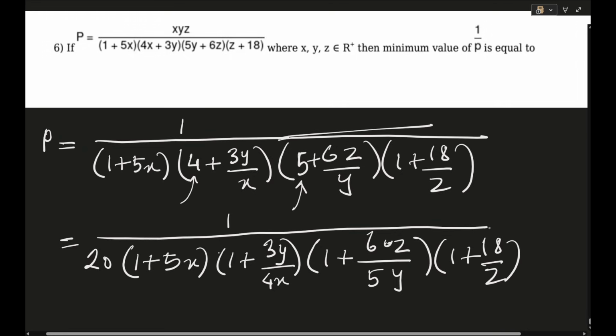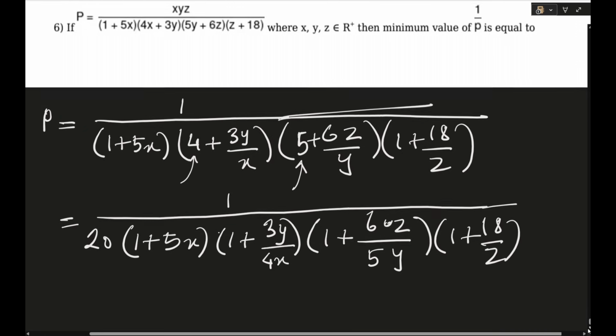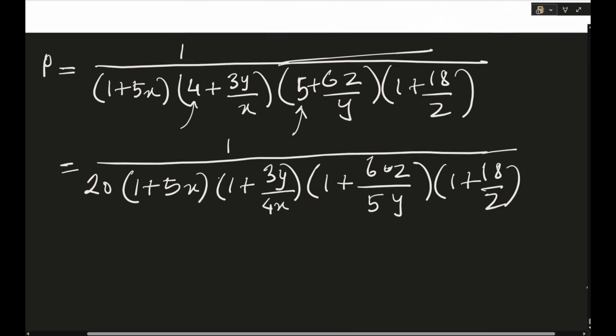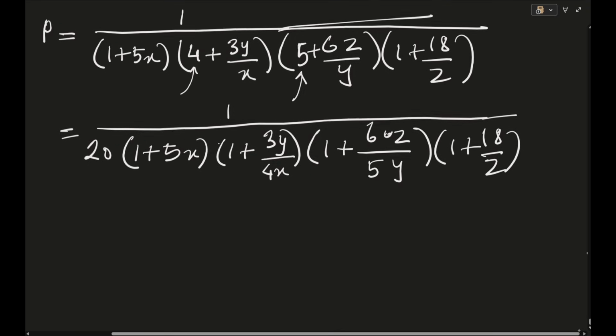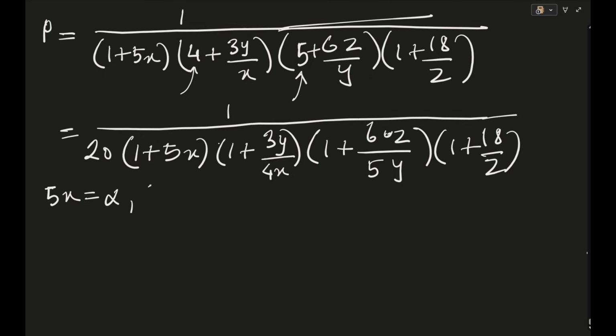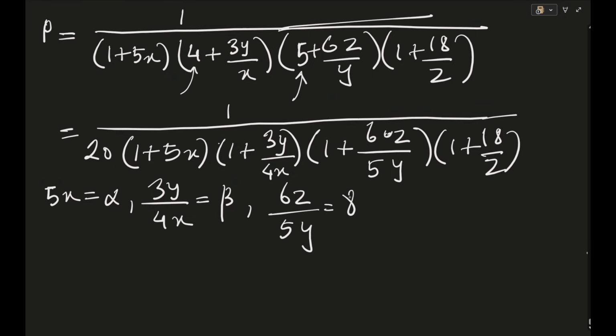Okay, so these are the terms, and after this what I am going to do is, this sum is almost done. Okay, I will take 5x as alpha, 3y by 4x as beta, and your 6z by 5y, let this be some gamma, and 18 by z as delta.